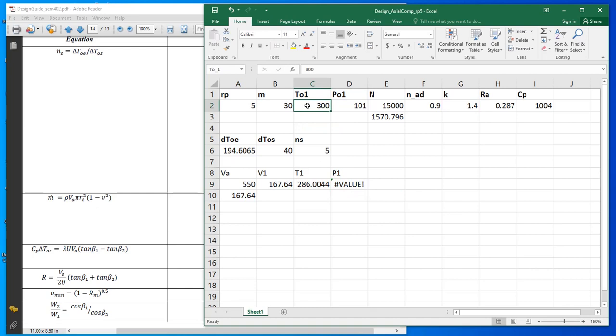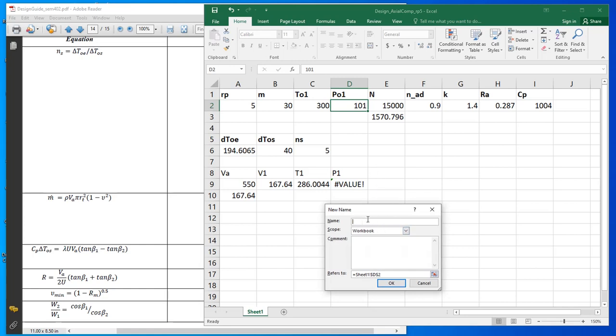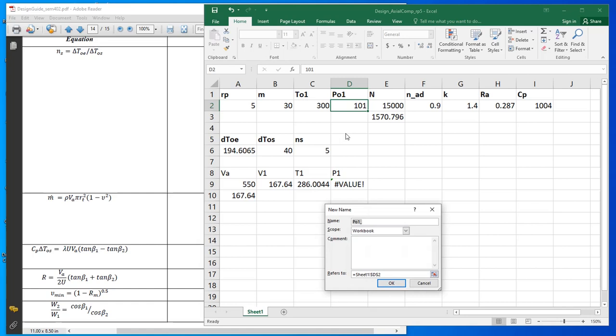This is your T01, T0_1. We are having trouble, so that one is also not defined.